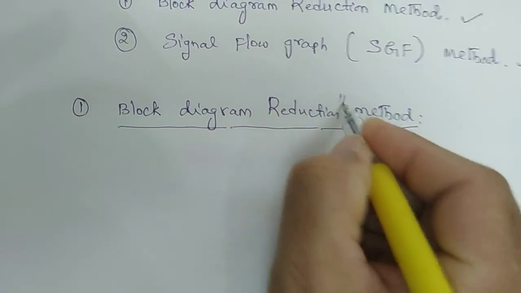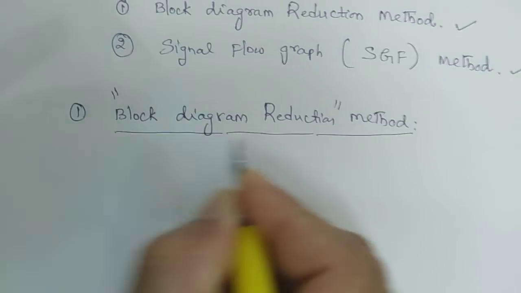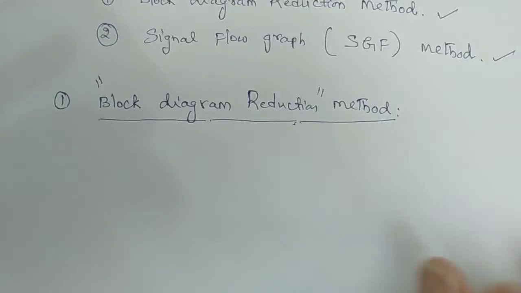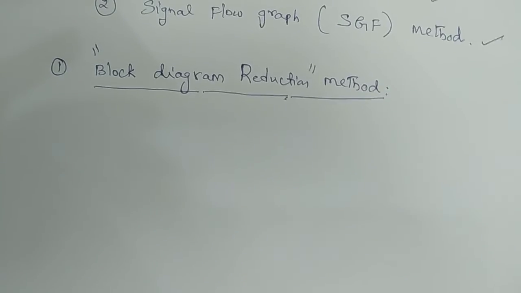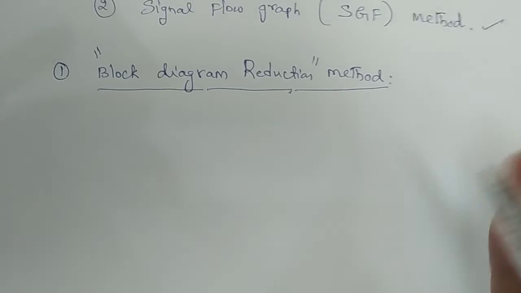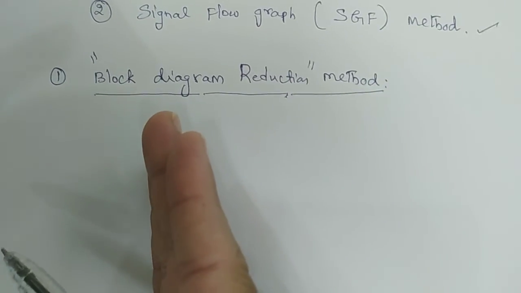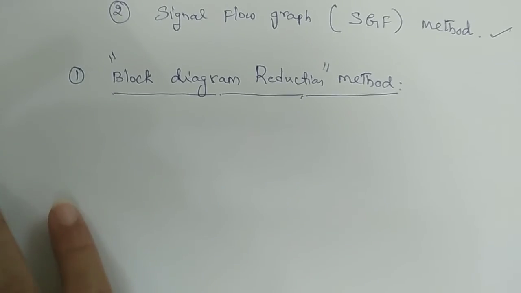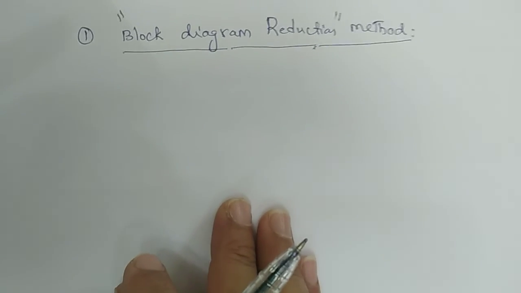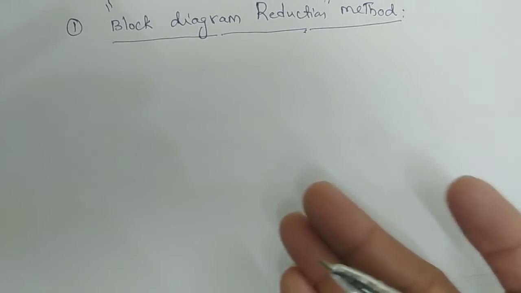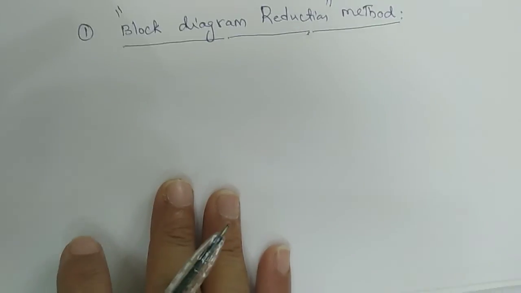The name itself implies that we have to reduce the number of blocks, and then find out the transfer function, that is the ratio C of S by R of S. For that we have certain rules. There are certain rules to be applied in order to find out the transfer function.